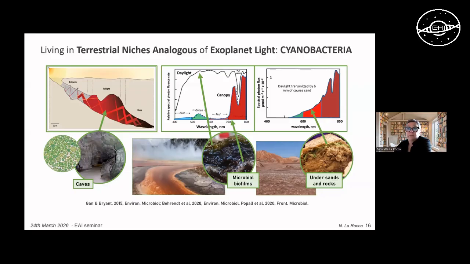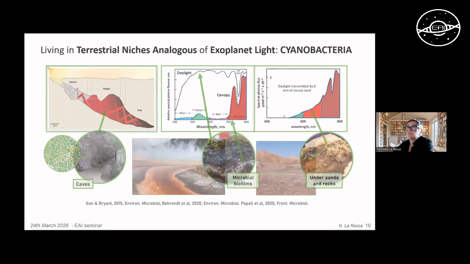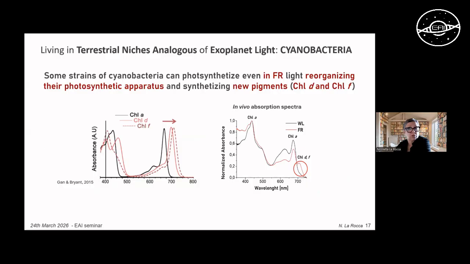We can find cyanobacteria in caves, in microbial biofilms, under the sands, or in rocks, where these photosynthetic organisms perceive a light spectrum really rich in infrared light and very dim, with low presence of photons in the visible. And under this environment, cyanobacteria can live, photosynthesize, and release oxygen thanks to special adaptations.